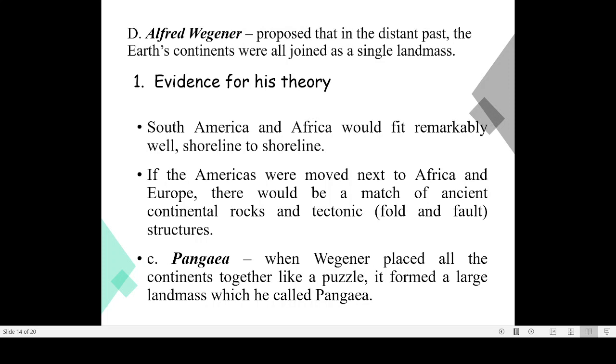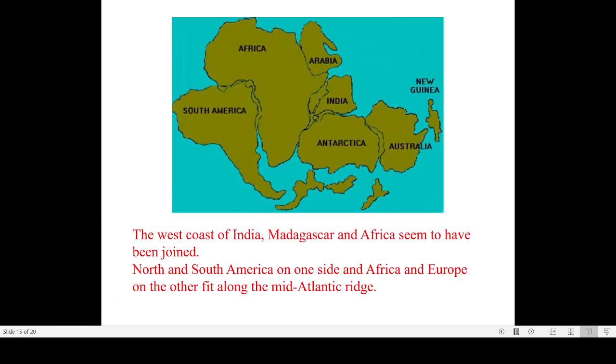Another is Pangea. When Wegener placed all the continents together like a puzzle, it formed a large landmass. This is the Pangea. If you arrange all the continents like this, they will match with each other just like a jigsaw puzzle.